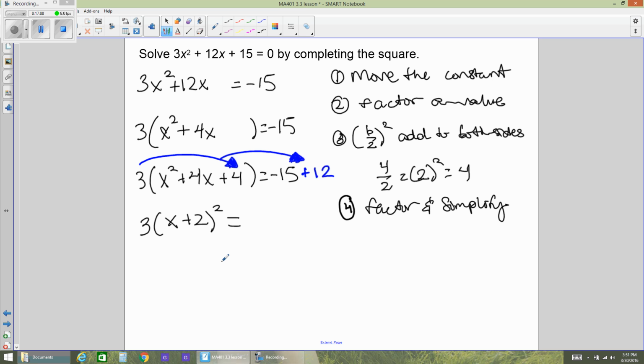What's that? Negative 3. Go ahead and divide because we're solving. Whoops, sorry. So number 5 is solve. That's what they've asked us to do here. Divide by 3, divide by 3. The 3's cancel. You get the quantity of x plus 2 squared equals negative 1.